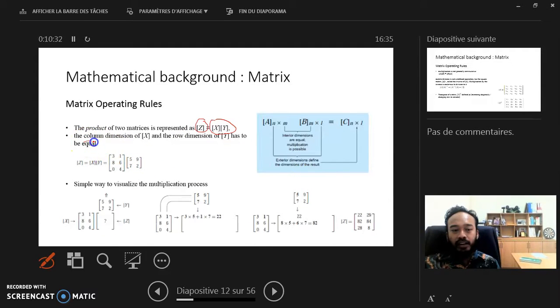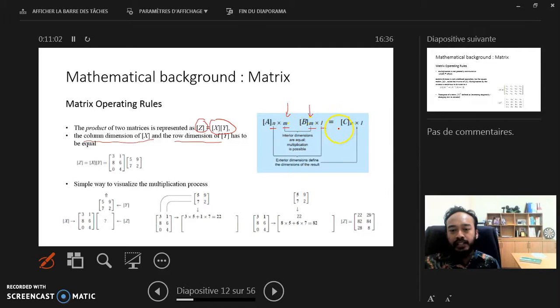The column dimension of X has to be equal to the row dimension of Y. It is simplified here in this form. For example, if you have a matrix A with n rows and m columns, multiplied by a matrix B with m rows and l columns, the number of columns of the first matrix has to be equal to the number of rows of the second matrix.